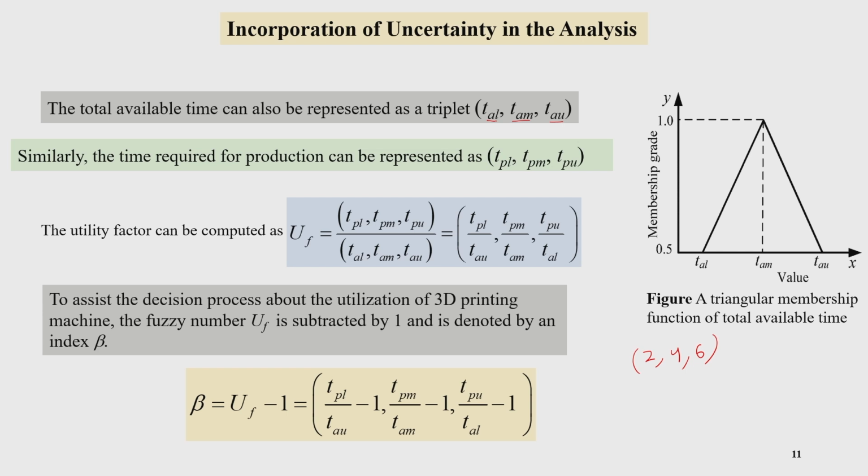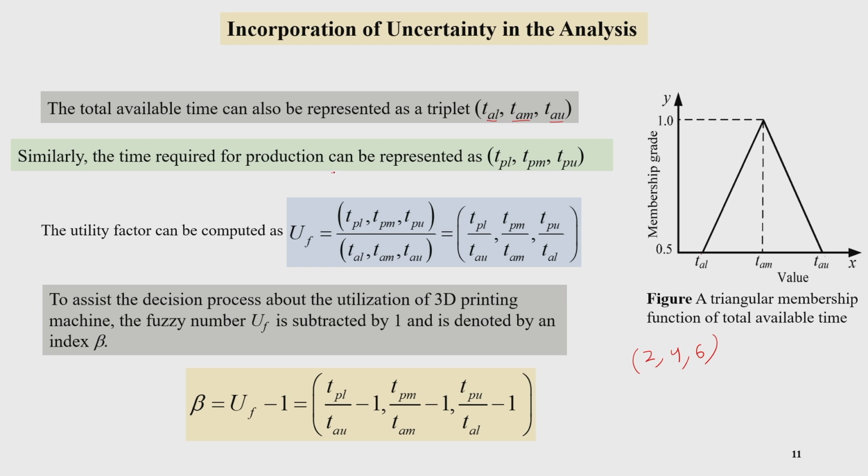Once you give this type of triplet, you can represent it in terms of a triangular membership function like a fuzzy number. You can plot TAL, TAM, TAU, and corresponding to TAM, the most likely estimate, you can assign the membership grade of 1, and corresponding to the lower estimate it can be 0.5, corresponding to the upper estimate also 0.5, and then simply join it by a triangle. So a triangular fuzzy number is a little bit easier to operate, that is why we use it. Now, the utilization factor can be computed as follows.